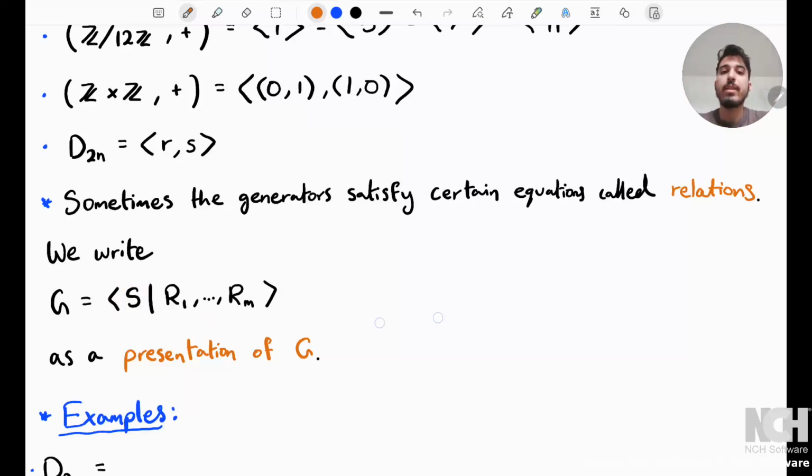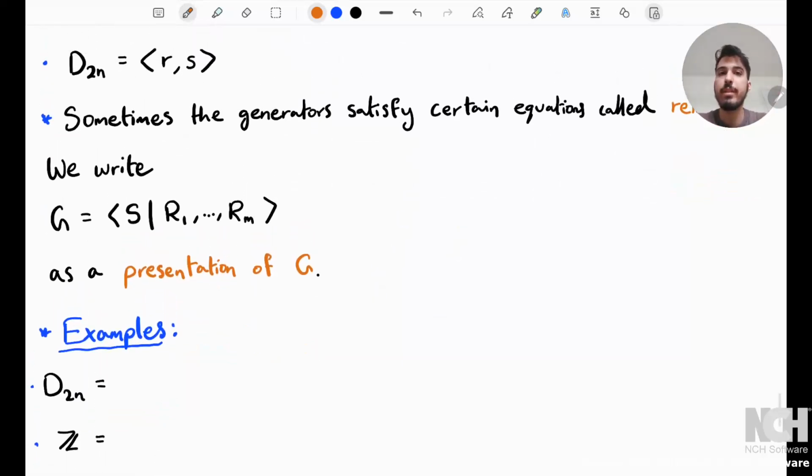G. For example, D2N, we can write it as ⟨R, S⟩, the set of generators, but we also have some equations that R and S satisfy, as we have proven in the proposition. For example, R to the N is equal to 1, because if you rotate N times, it's like doing nothing.